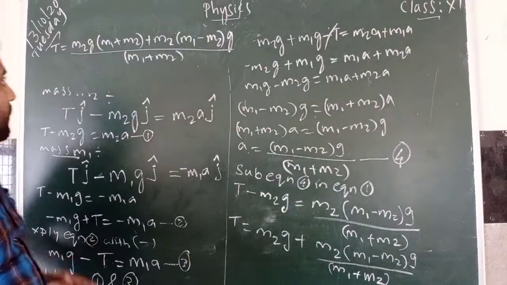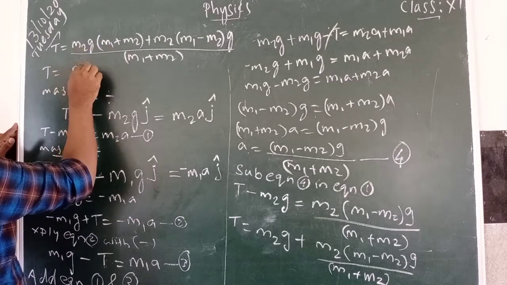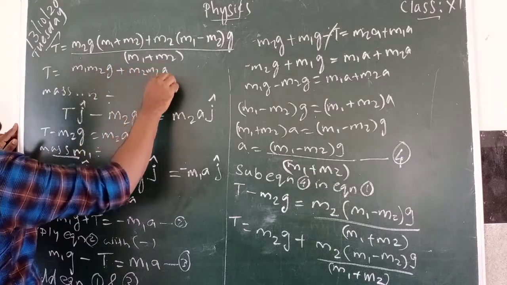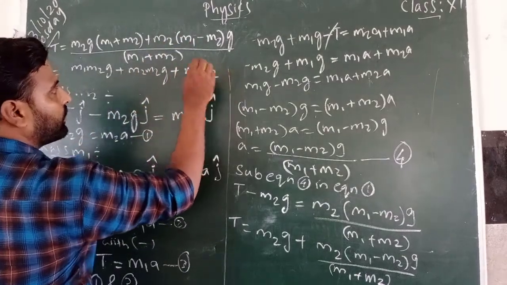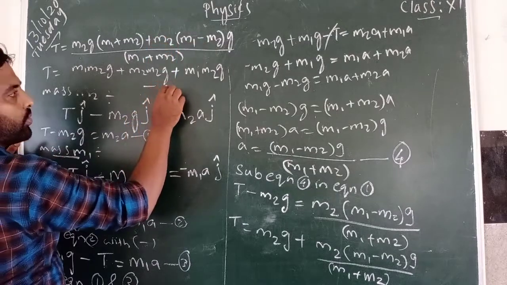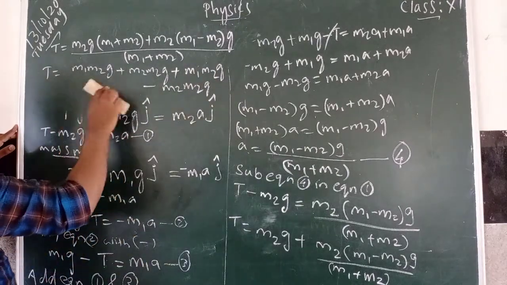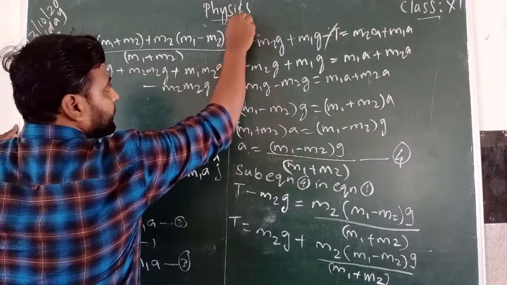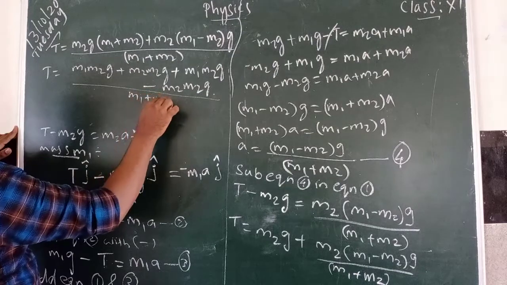Now taking the LCM, multiply this inside. So T is equal to M1 M2 G plus M2 M2 G plus M1 M2 G minus M2 M2 G, divided by M1 plus M2.